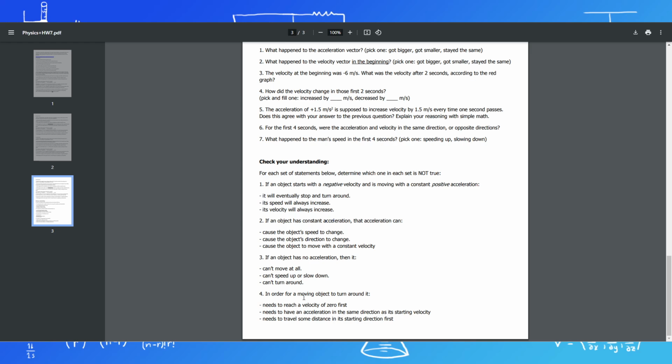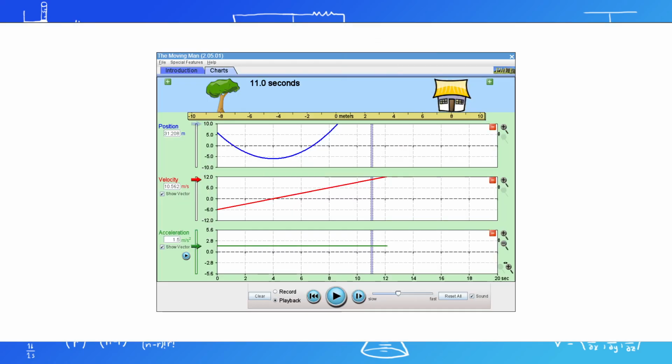Okay, and number 4, in order for a moving object to turn around, it needs to reach a velocity of 0 first, it needs to have an acceleration in the same direction as its starting velocity, it needs to travel some distance in its starting direction first. Well, let's go back to the simulation and see.